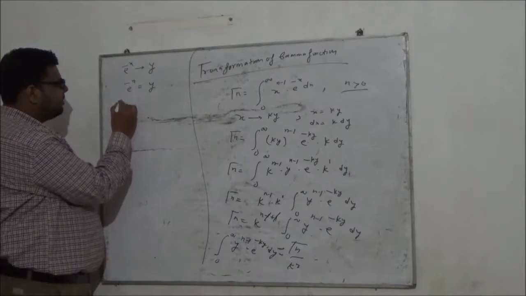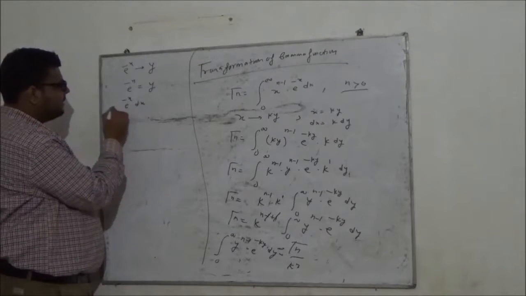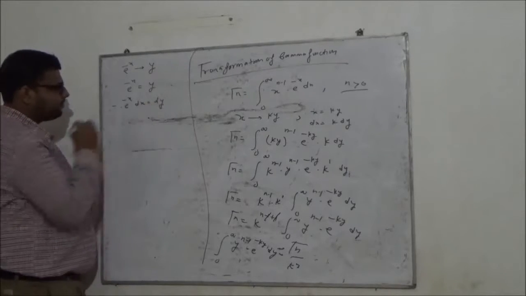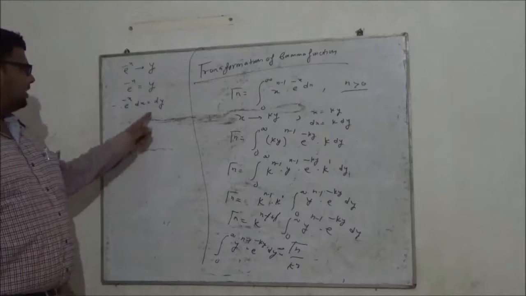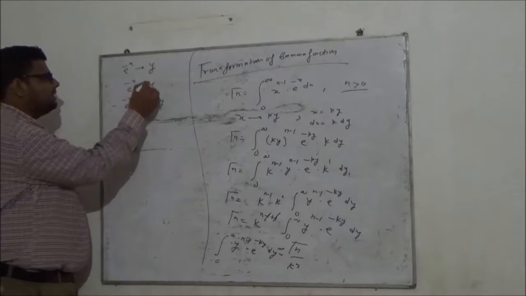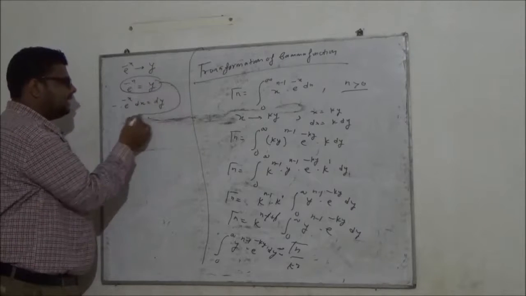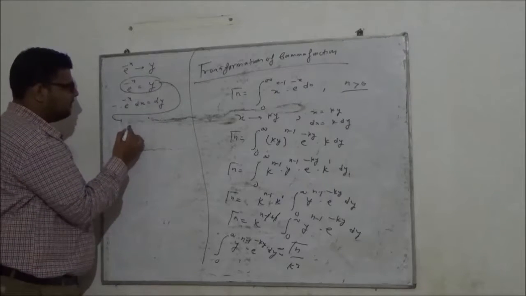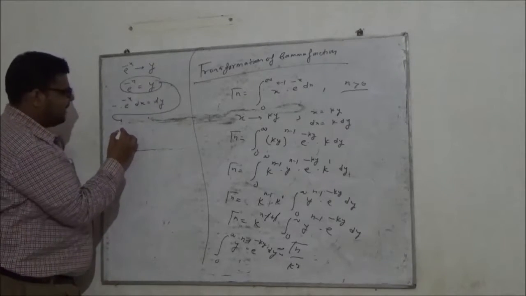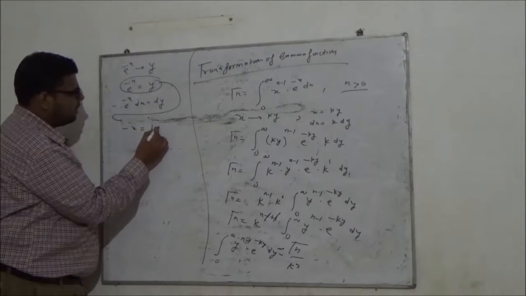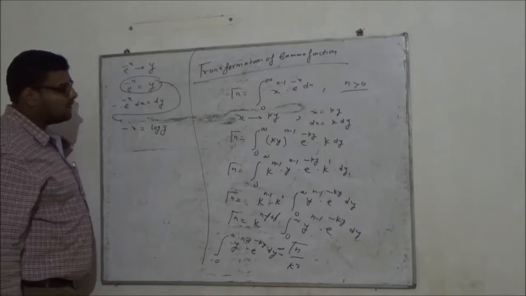So e power minus x dx, with a negative sign, will become dy. So I will have the dy value here. Also, e power minus x is equal to y; if I take log on both sides, then I will get minus x is equal to log y.